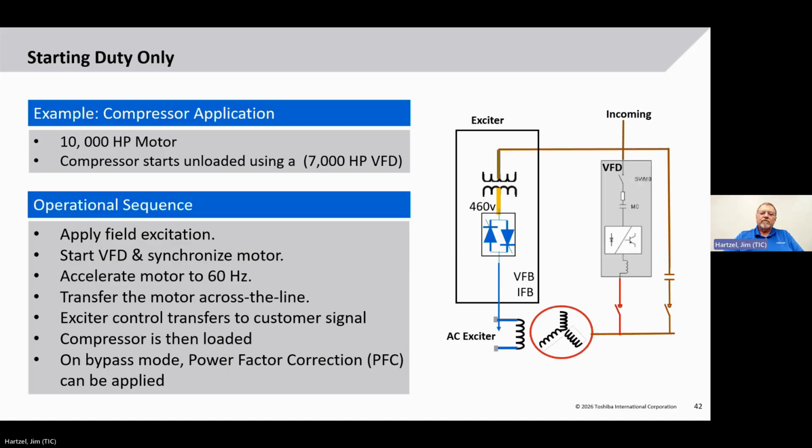Initially we're controlling it with the drive to regulate it to unity. But once it's on bypass here, the customer can take control and run it at 0.8 leading and do some power factor correction. And we've done this on numerous occasions with this type of situation.